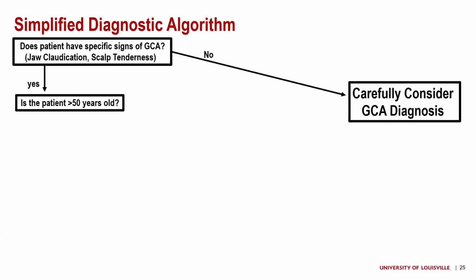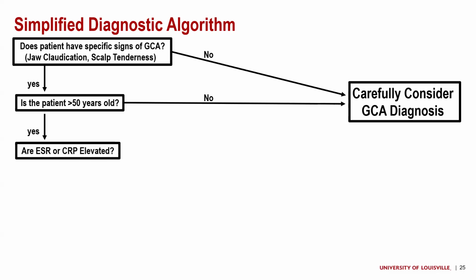If they do have some sort of specific symptom, or maybe a symptom's unclear, it's not sure if this is jaw claudication or not, the next thing you look for is, is this patient over 50 years old? As we discussed, less than 1% of giant cell arteritis patients are under 50 years old. So if they are under 50 years old, you should carefully reconsider your giant cell arteritis diagnosis. But if they're over 50, you go to the next part.